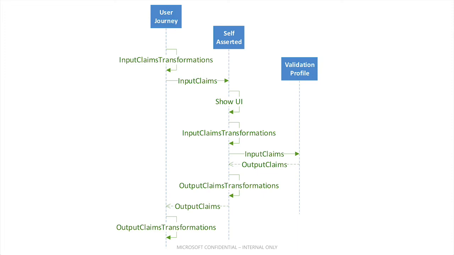But the reason we did not, and maybe we should enforce that, is that theoretically we could have claims that need to be processed by the self-asserted provider without sending them out. I'll give you an example: password. In the password flow, even if you have password as an output claim, we actually never push it back into the user journey storage.